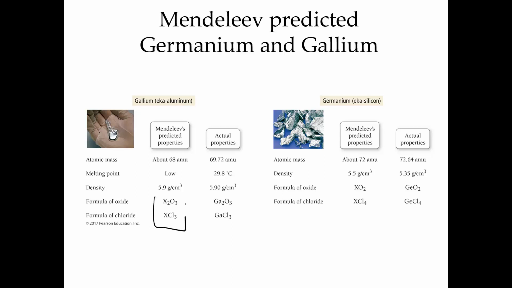This really here is very important, right? He predicted that all of the group 3 metals would form compounds, let's single out the chlorides, in a 1:3 ratio. So this element that was missing here, he predicted that it would make XCl3, which was later confirmed, just like aluminum makes AlCl3.